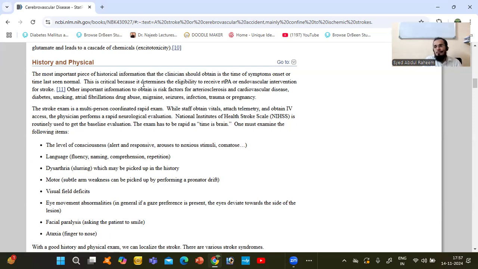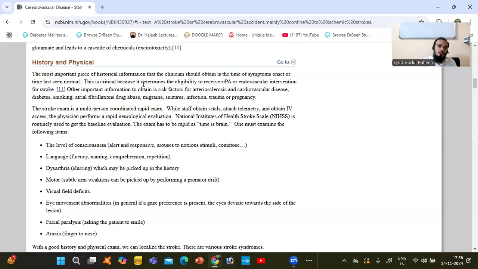So this stroke happened two days ago, followed gradually by his speech being involved. Gradually his speech decreases, with dysarthria or slurred speech, unable to speak loudly. You can see all this in the patient. Sometimes they are aphasic, unable to speak anything.